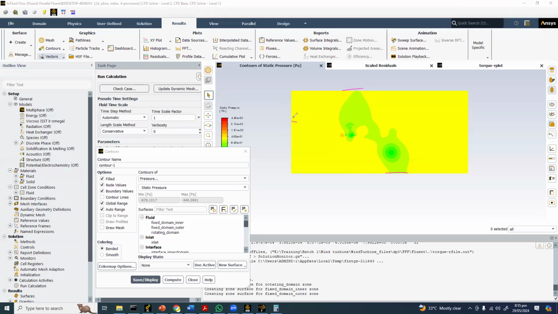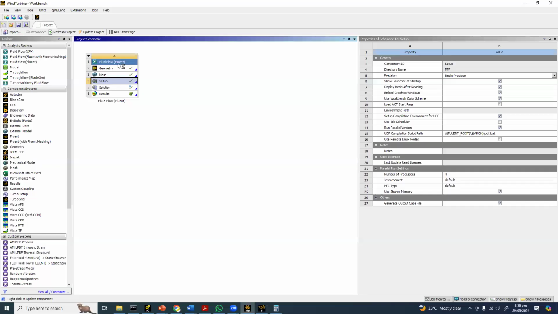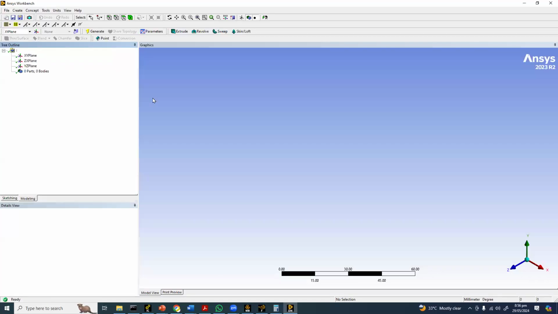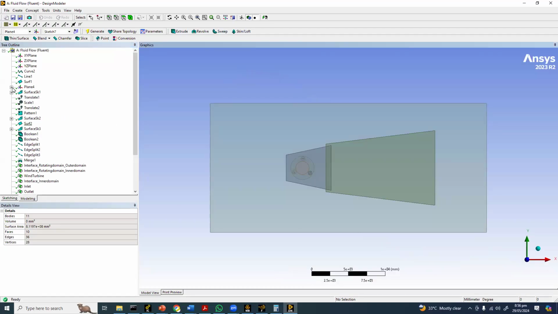It is not affecting the inlet boundary or the outlet boundary. It is only affecting these two boundaries. So I think 10D should also be done here, and I'm going to change the boundaries. For that, I will go to the geometry, plane number 4.